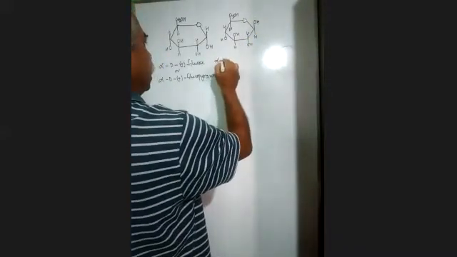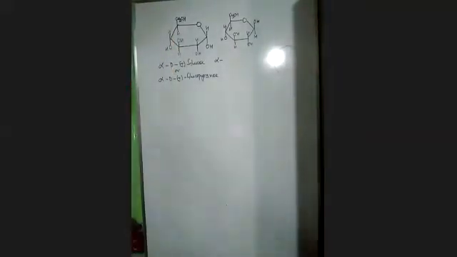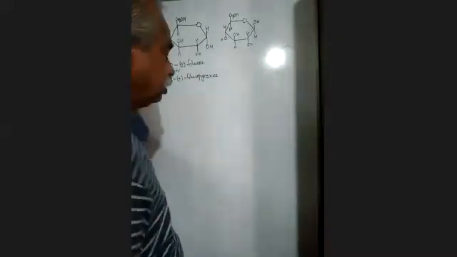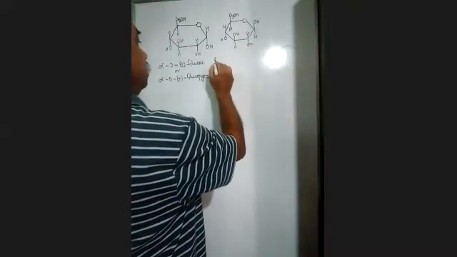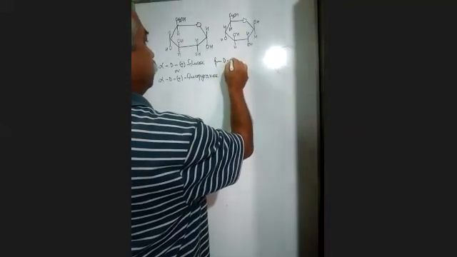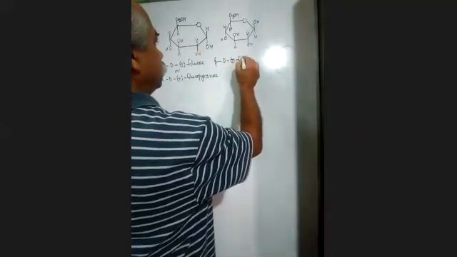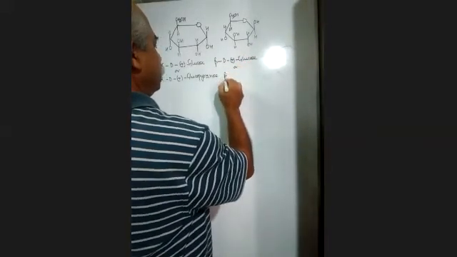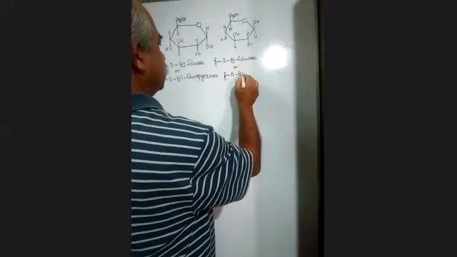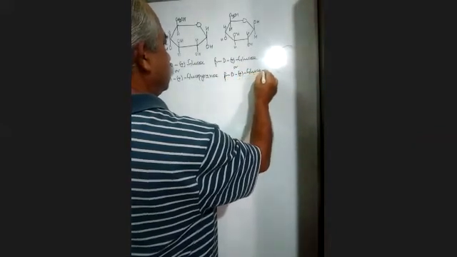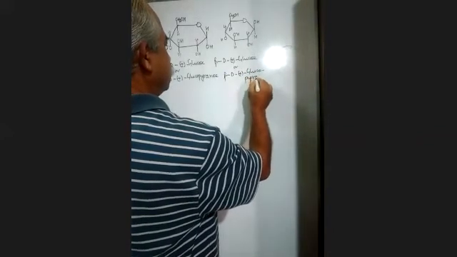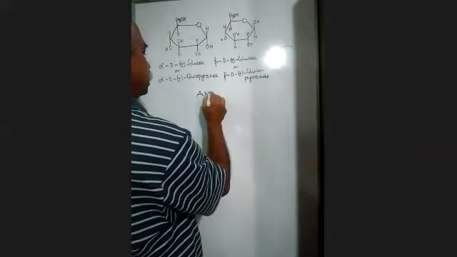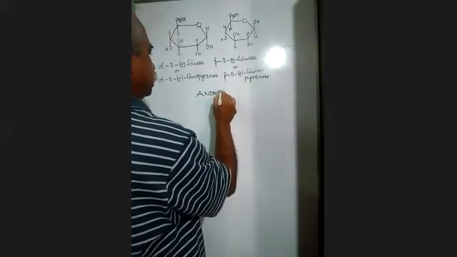So this is beta D plus glucose, or beta D plus glucopyranose. Okay, what are they? They are anomers, not enantiomers.